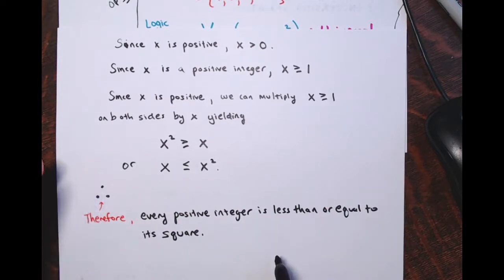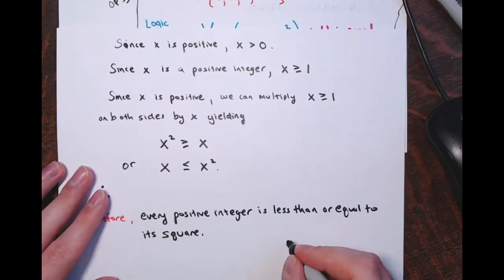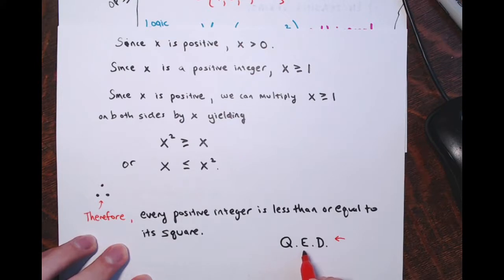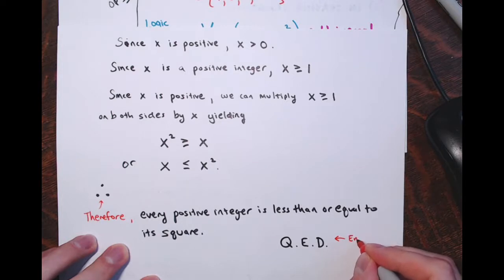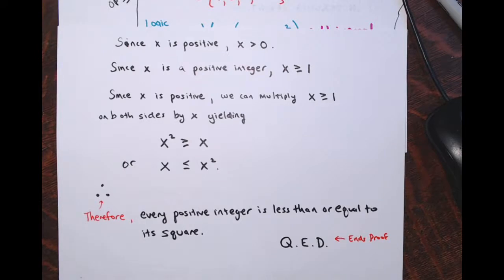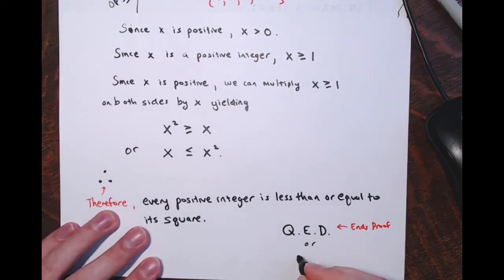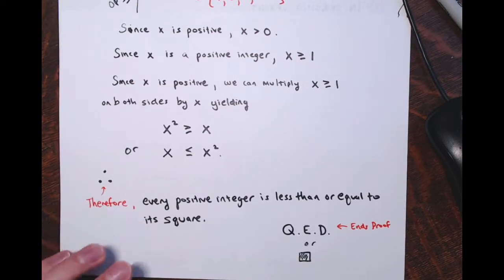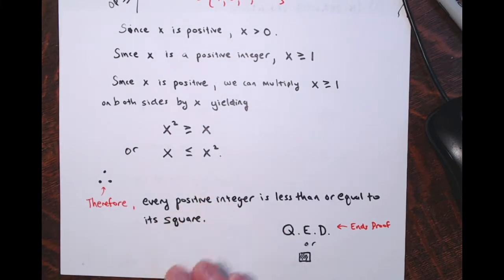And then to indicate that you've ended the proof, in some books you'll see the letters Q E D at the end of the proof, which is short for the Latin quod erat demonstrandum, like what we were trying to show or something like that. This ends the proof, QED. You might also see in some textbooks just a little box, might even be filled in, okay? But there's some way to indicate that you have ended the proof after stating what you're trying to show.